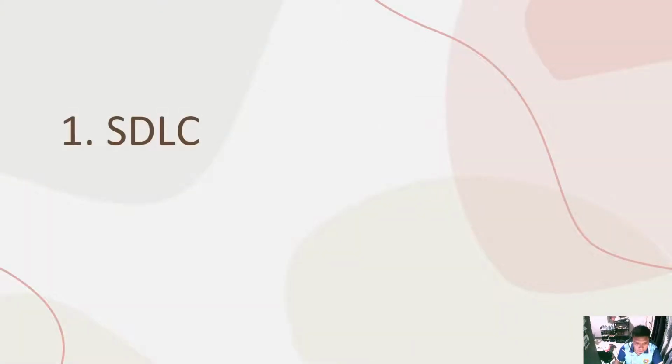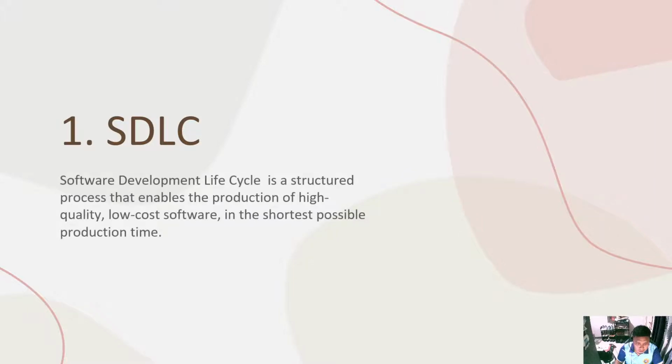So we have to define SDLC first. The software development life cycle is a structured process that enables the production of high quality, low-cost software in the shortest possible production time. Without SDLC, you might be able to develop, but not really a good one, because you don't have a methodology or the principles that you need for the development.